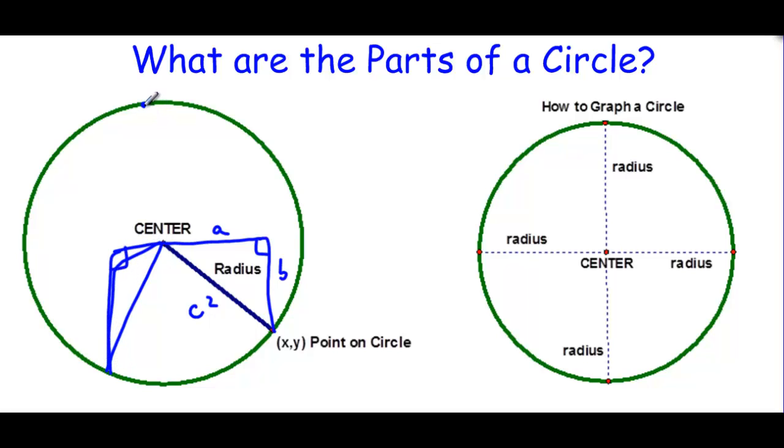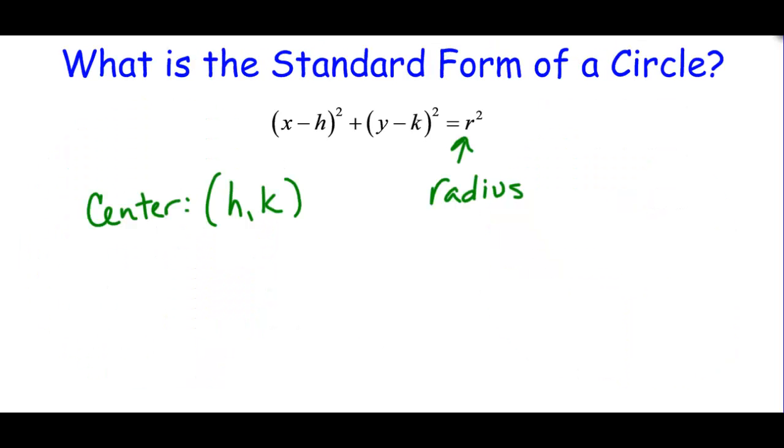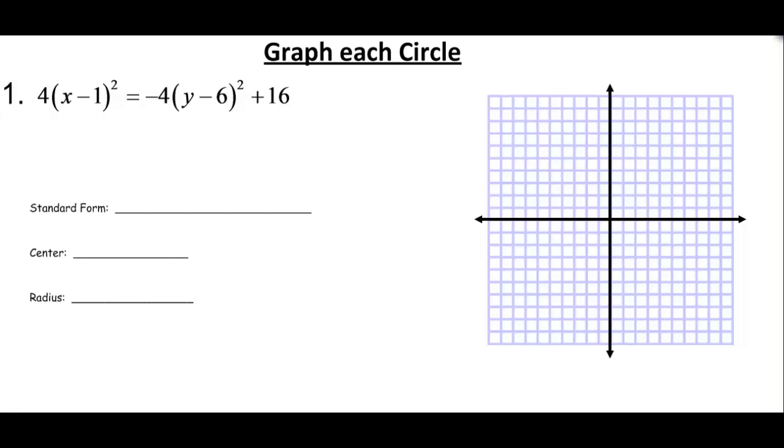If I pick this point here, I can get a right triangle here from the center. If I pick a point here, I can get a right triangle here from the center. So a circle is really all the points that have the same hypotenuse length from the center, and that gives us our circle. And that's why our standard form looks like a squared plus b squared equals c squared, where c is our radius. So we're going to go through and graph a couple of these.